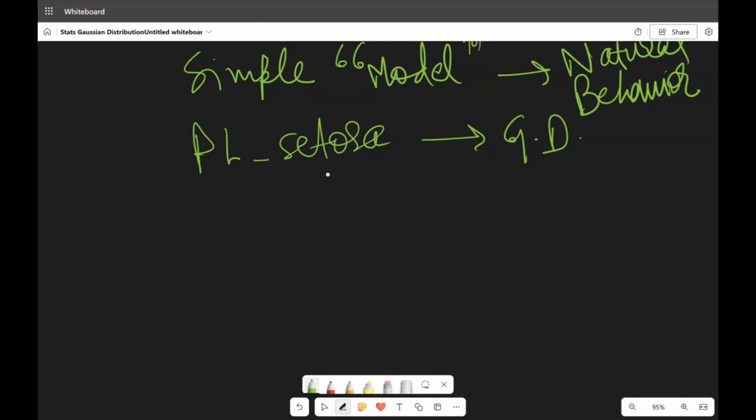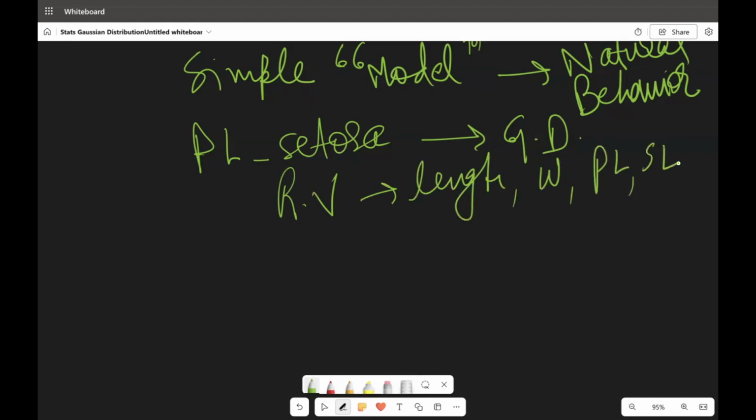So it's a very simple model to summarize all the information about the random variable or a physical measurement like length, weight, petal length, sepal length, etc. Everything can be thought of as a continuous random variable.